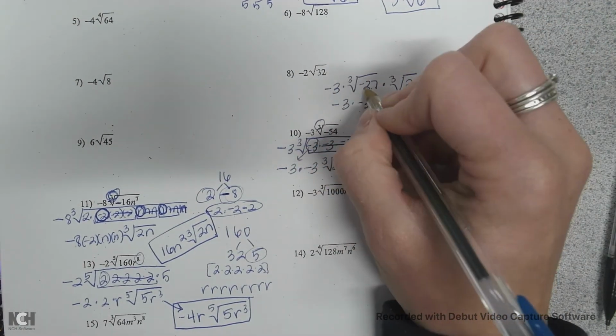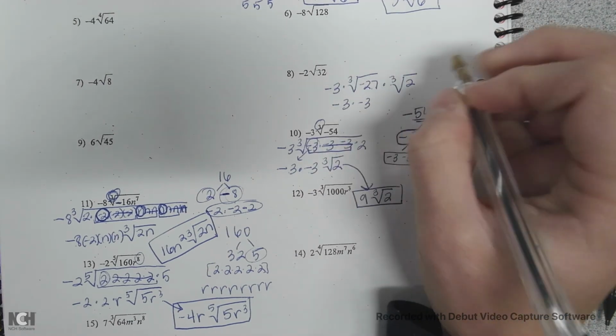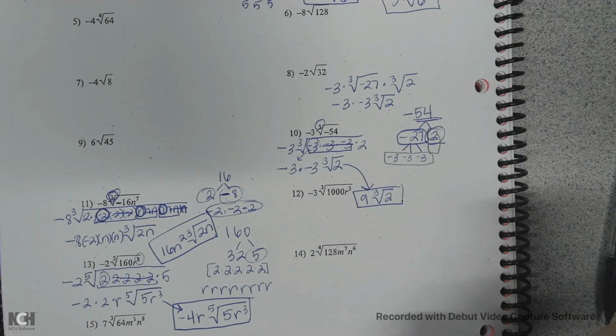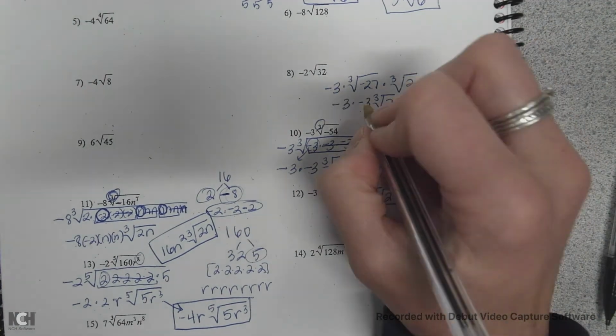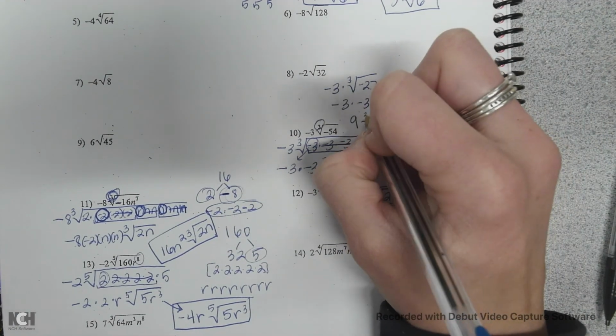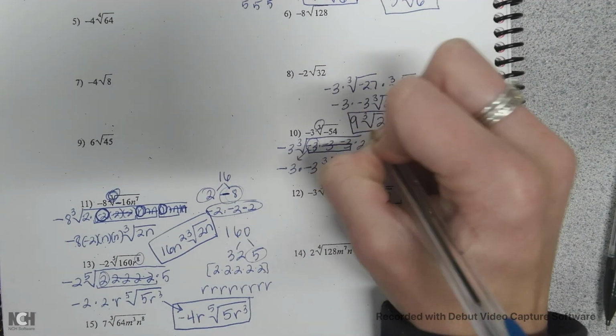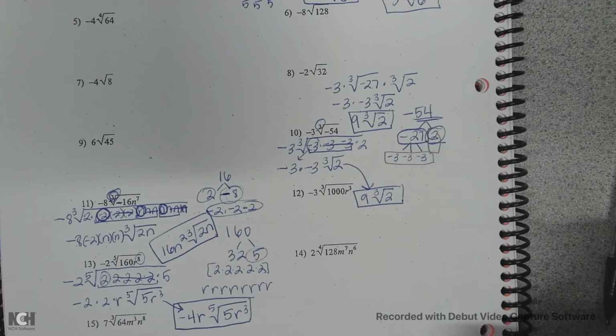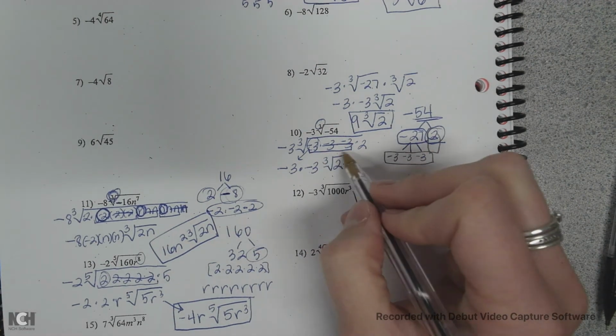That guy goes to -3. And I am going to leave this guy alone because 2 doesn't have a cube root. -3 times -3 is 9 cube root of 2. So again, I got the same answer. It's just a different thought process if you're looking for perfect cubes or perfect squares or perfect fourths or whatever you want to call them, or if you want to just look for groups of whatever numbers are on your shelf.